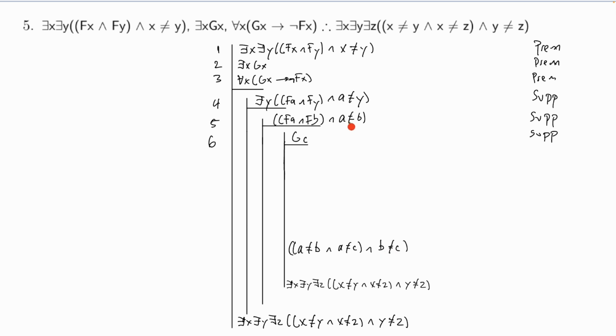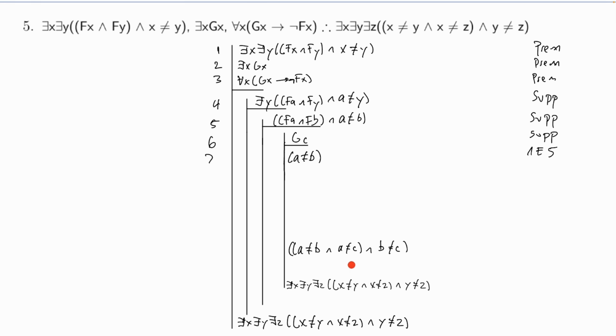Note that we already have A is distinct from B as one of the conjuncts in line 5, so we can just pull that out right away. And so now it's just a matter of getting A is distinct from C and B is distinct from C. Okay, well, we have GC, and we know that anything that's G is not F. So we're going to use those 2 pieces of information to get that C is not F. And if C isn't F, then C can't be A and C can't be B because both A and B are F. So that's going to be the key.